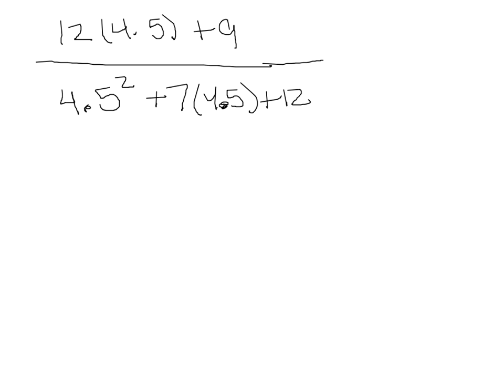Okay, so order of operations says I'm going to calculate the numerator, I'm going to calculate the denominator, and then I'm going to divide them. So I'm going to calculate the numerator. 12 times 4.5 plus 9, and that comes out to be 63.